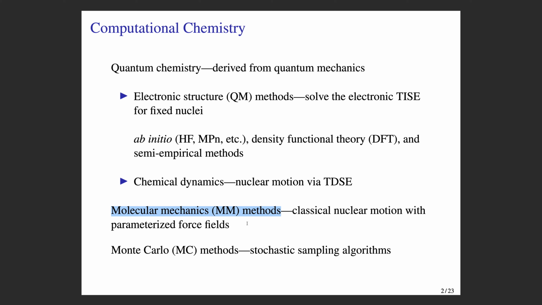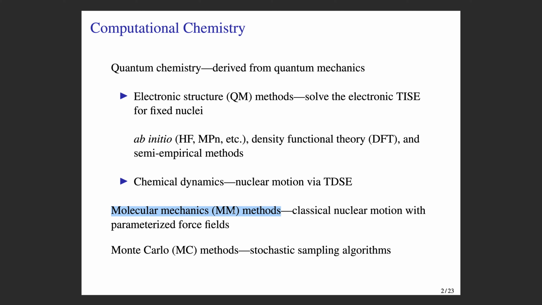For example, this is how scientists study very large proteins, because you can't apply these ab initio methods to a large protein structure, or at least not without some finagling. And so these methods are very important for studying biochemical systems, as well as large polymers and things like that.